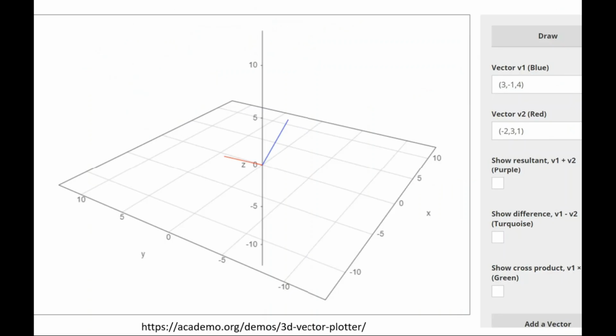So we can sketch our vector in 3 dimensions, like this. We have the x-axis, and then we have the y-axis.